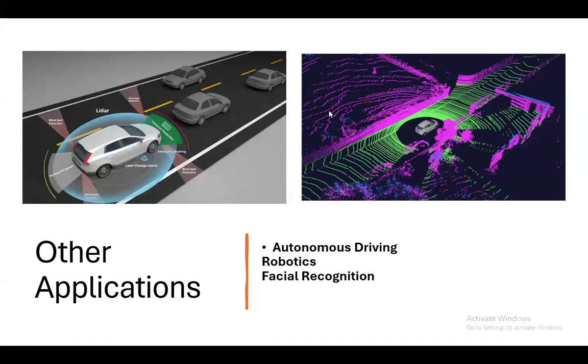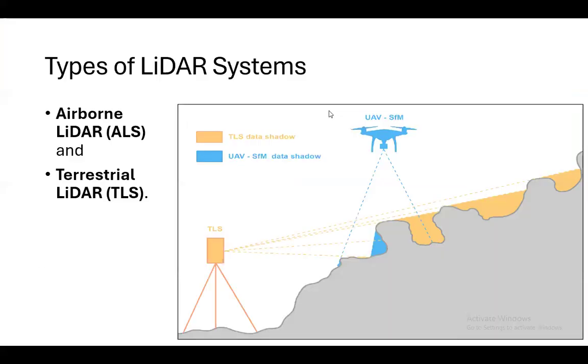This can again be integrated with IoT and AI, and that will make this technology work for autonomous driving. It can also be used for robotics and facial recognition. So these are some of the important applications of LiDAR technology.